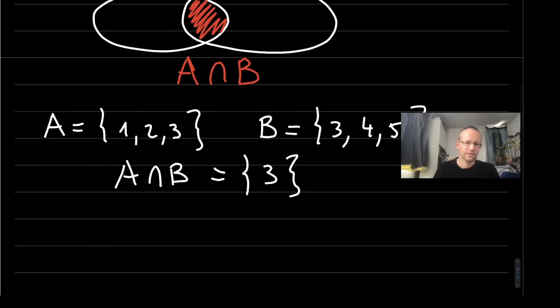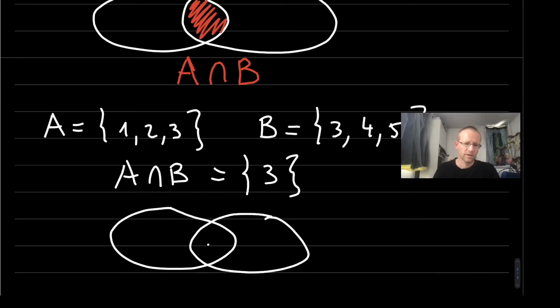We can draw this explicitly, putting the element 3 in the middle, elements 1, 2 on the left, 4 and 5 on the right. And these are sets A and B, and 3 lies in the intersection.